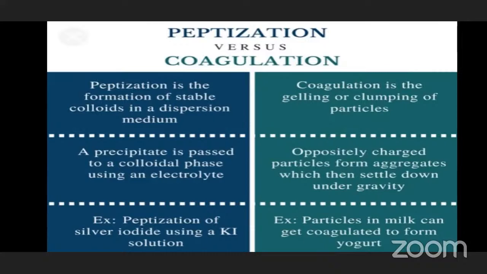What is the meaning of yogurt? Yogurt is formed by using lactobacilli to form lactic acid. That process is called yogurt. That means yogurt is nothing but one type of coagulation. It is an example of coagulation.